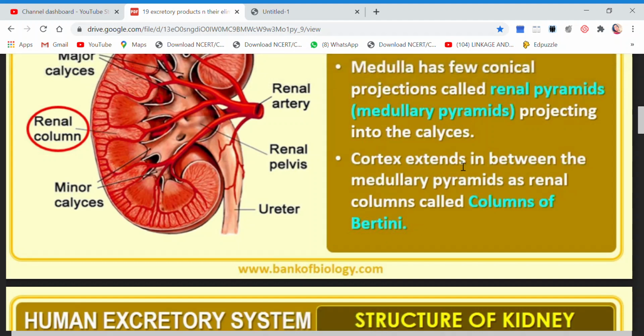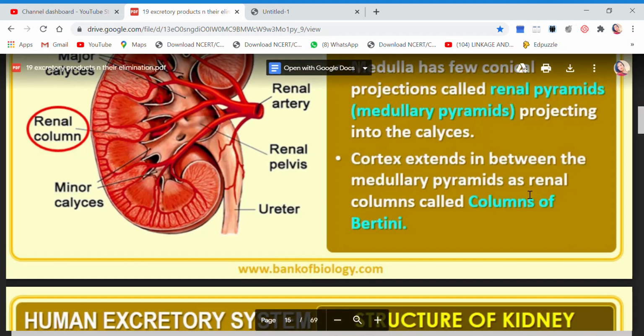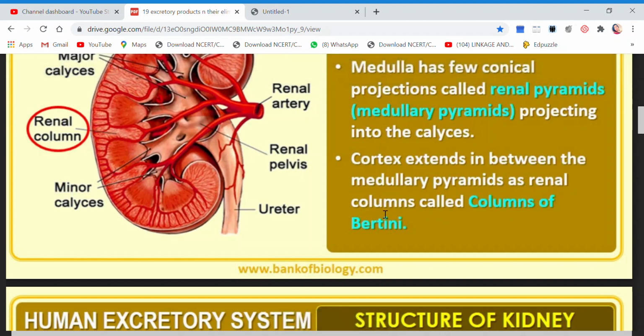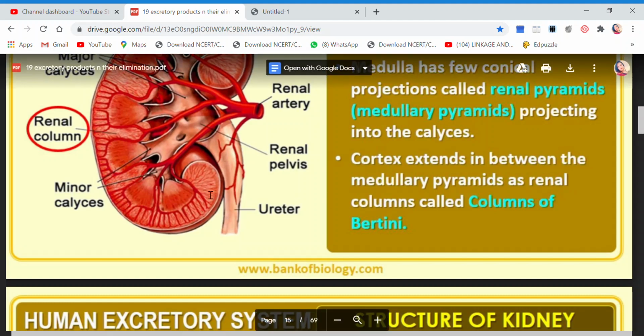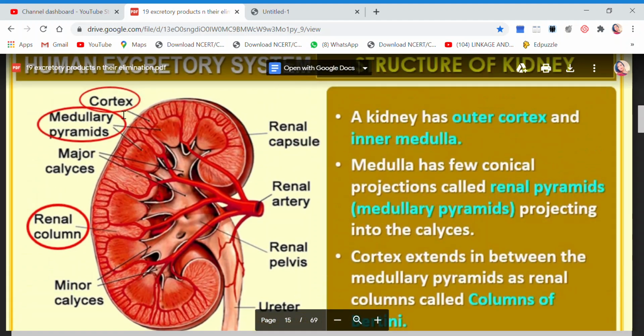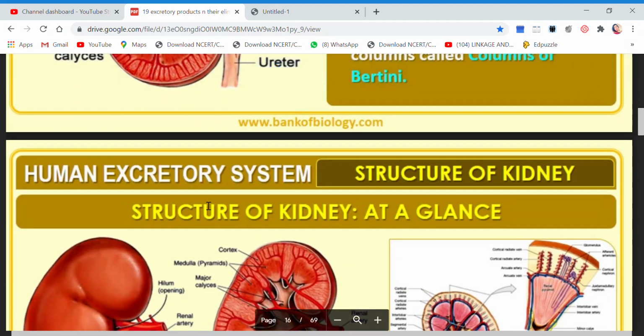We have written here: cortex extends in between the medullary pyramids as renal columns called columns of Bertini. Clear? So this is about cortex, about medulla, about medullary pyramids, about calyces and the column of Bertini.